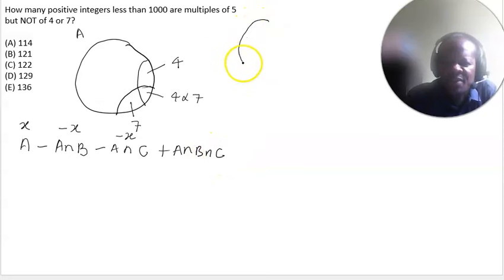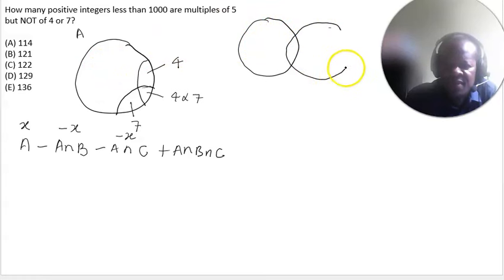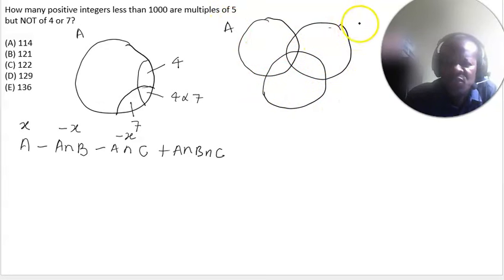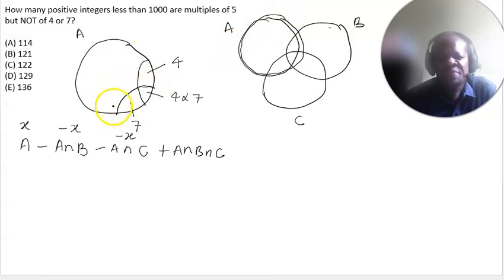So this is the diagram from which this formula was formed, to reduce any kind of confusion. So this is A, this is B, and this is C. So we scrap this out from these three rings and then bring this one out because this is the only one we need.